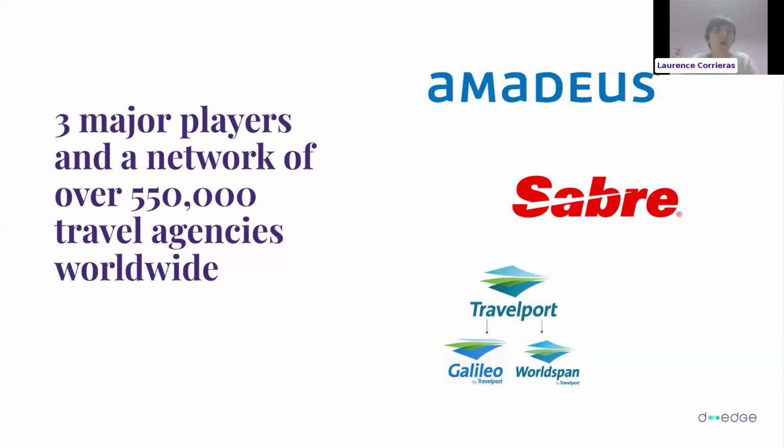The GDS, our global distribution system, is a worldwide platform that connects your hotel in real time to over 550,000 travel agents and corporate bookers across the globe. These are the professionals booking travel on behalf of companies, government agencies, and frequent business travelers. They use the GDS to search, compare, and book everything: flights, trains, car rentals, and yes, hotels.